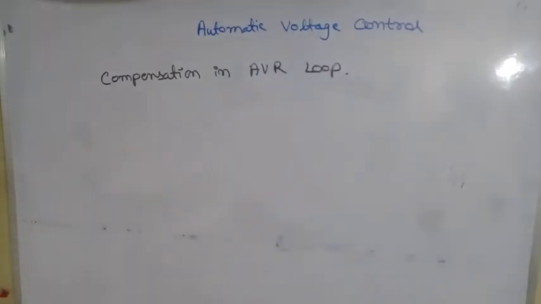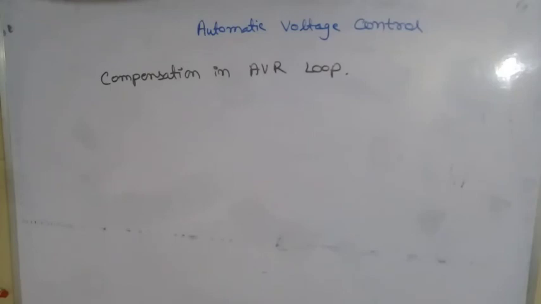Higher values of AVR loop gain K are preferred for the static accuracy, but this causes undesirable dynamic response and may lead to instability of the AVR loop. In order to tackle the situation, let a series compensator, a phase lead compensator, be added in cascade in the AVR loop.